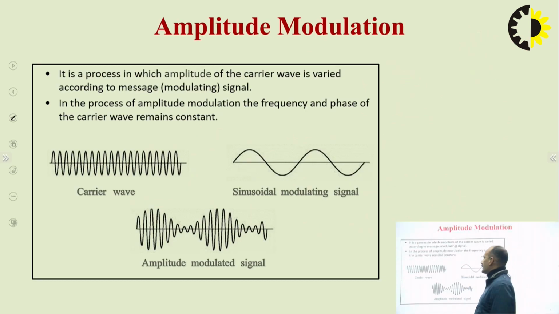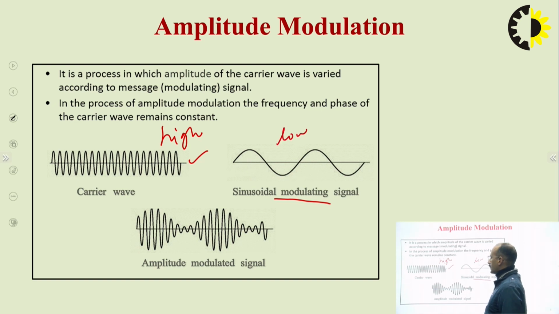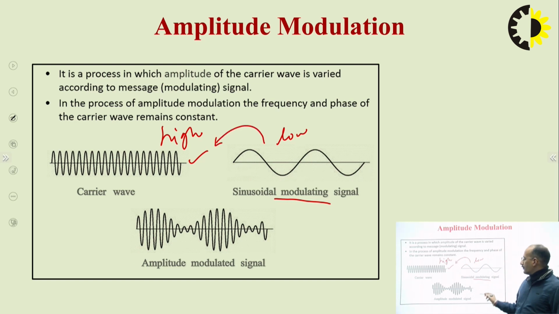Here you can see that in amplitude modulation, we have a carrier wave. This carrier wave has a high frequency value, whereas the sinusoidal modulating signal or message signal has the low frequency. When we superimpose this sinusoidal message signal on the carrier wave, we get this amplitude modulated signal.